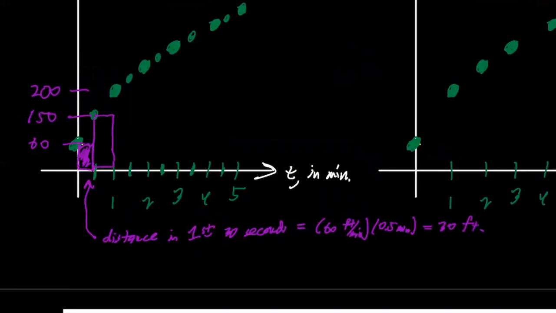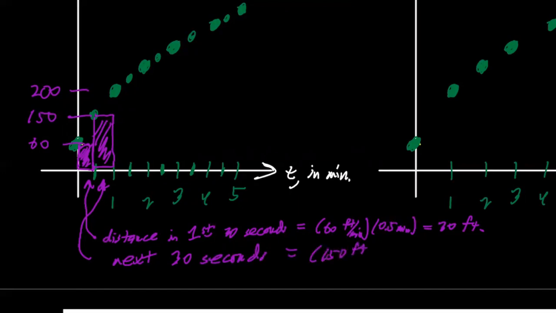Similarly, for the next 30 seconds, that would be this rectangle right here: 150 feet per minute times 0.5 minutes, so that would be 75 feet.